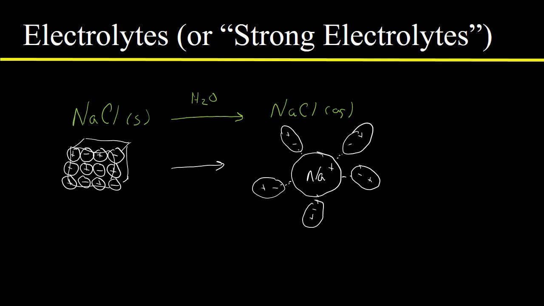It's definitely not as strong as a covalent bond, but there's a fairly strong attraction between the sodium ion and these water molecules that are surrounding it. And so we can call this a solvated, an aqueous sodium ion.